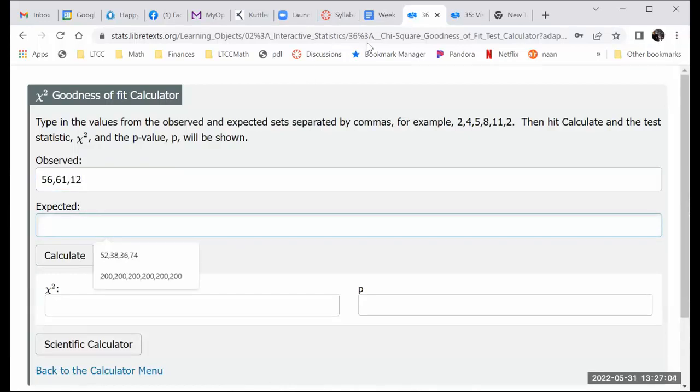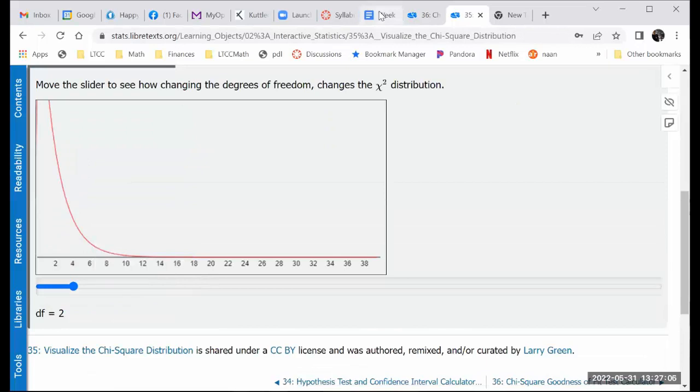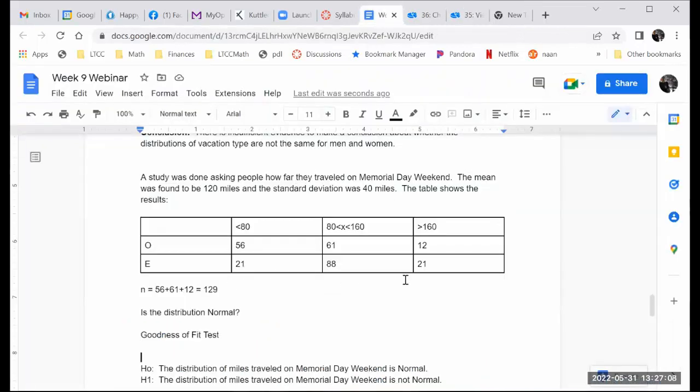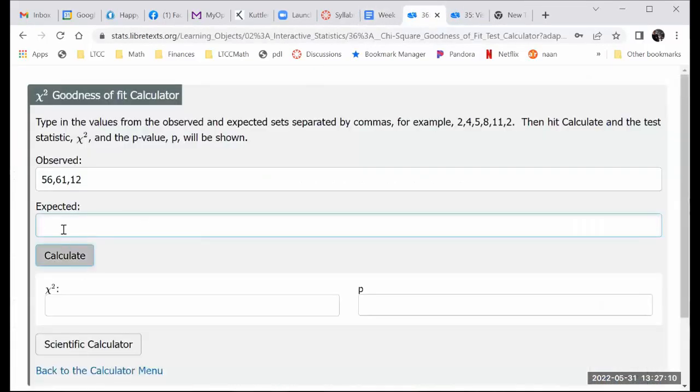Our expected, 21, 88, 21. And we calculate. Okay. Chi-squared is about 70.